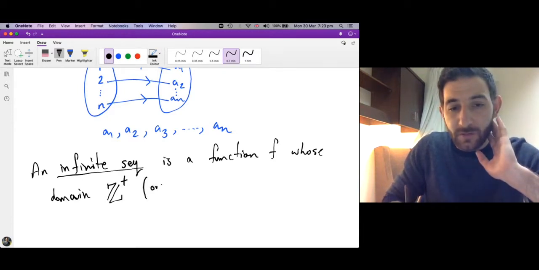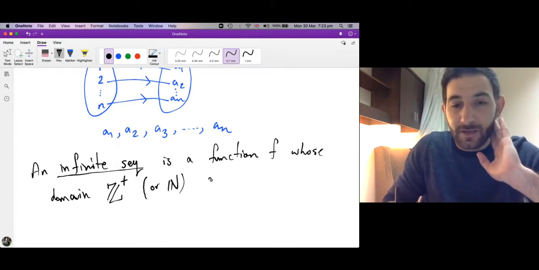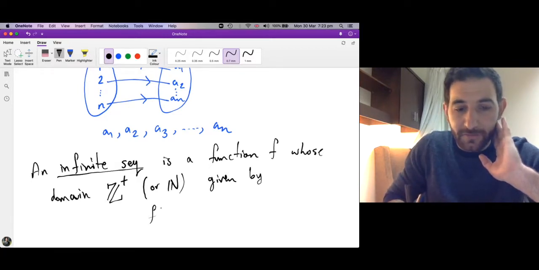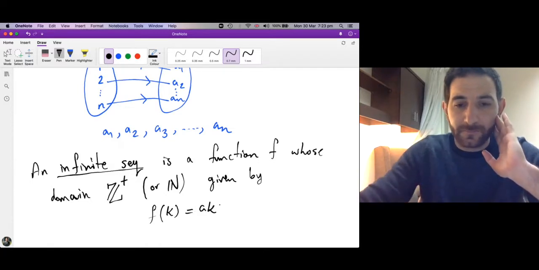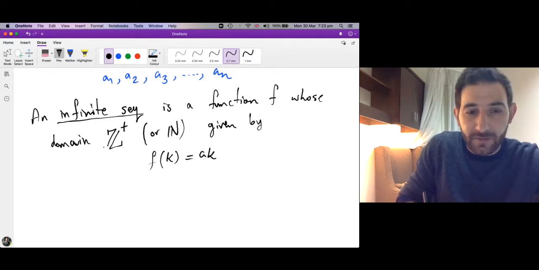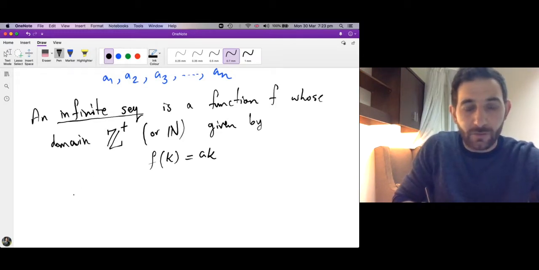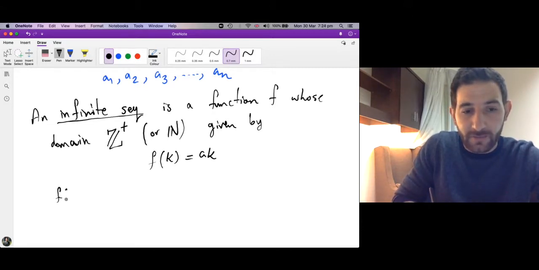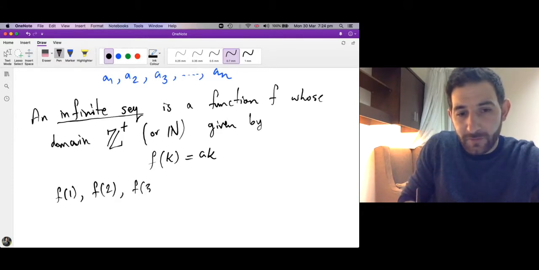Or sometimes we consider functions whose domain is the set of natural numbers. Again, given by, say, f of k is ak. So the domain is the set containing 1, 2, 3, and so on. We look at the images of these: f of 1, then the image of the next element, f of 2, f of 3, f of 4, and so on.